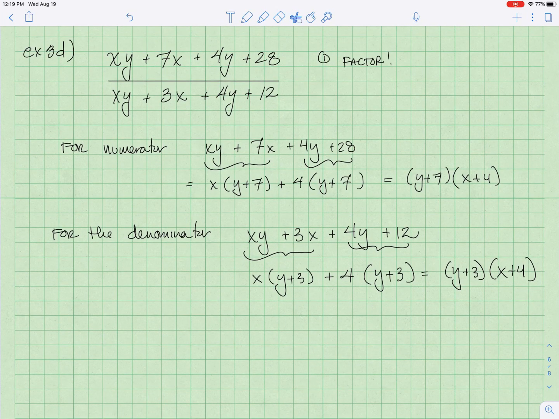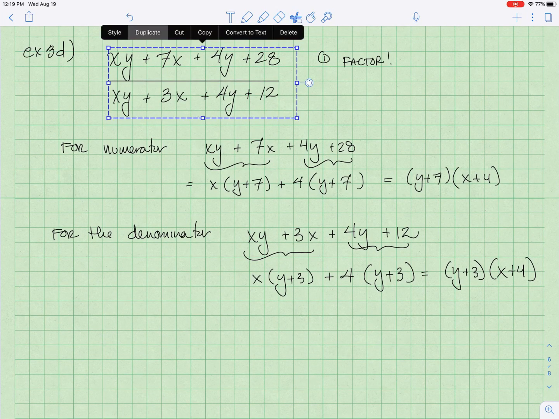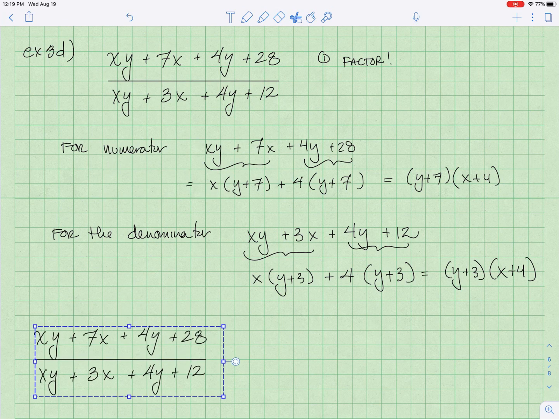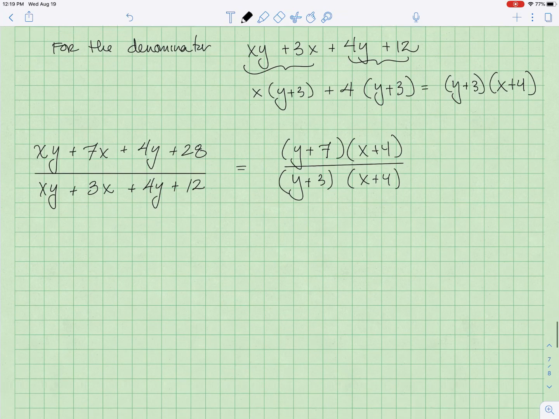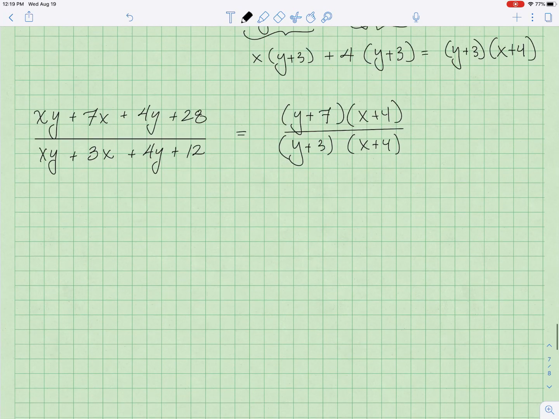This will allow me to take our original expression and rewrite it as the factored form y plus 7 times x plus 4 over y plus 3 times x plus 4. So we factored it.